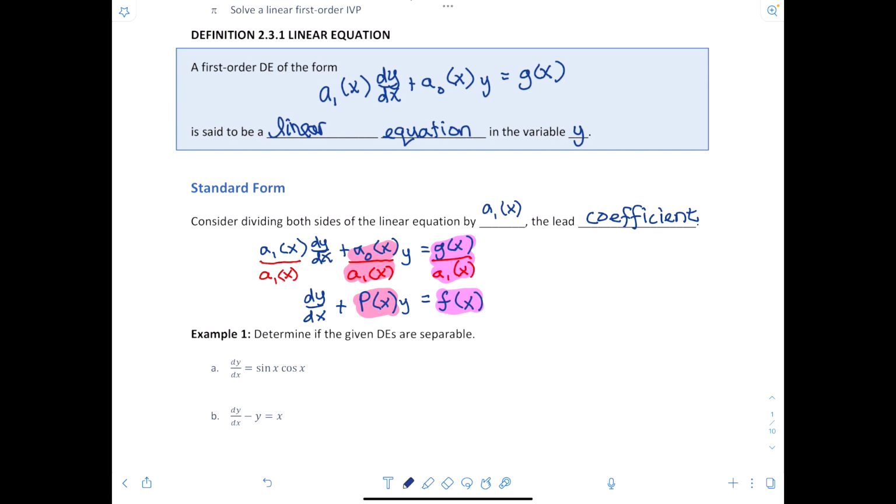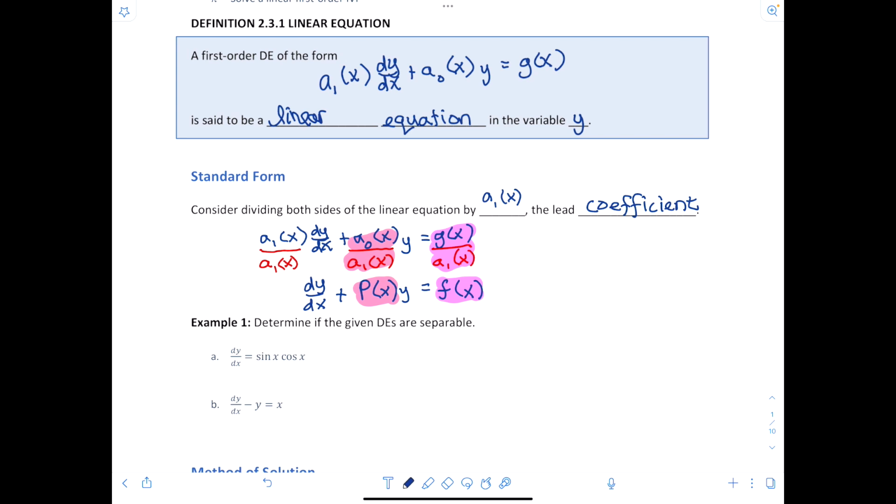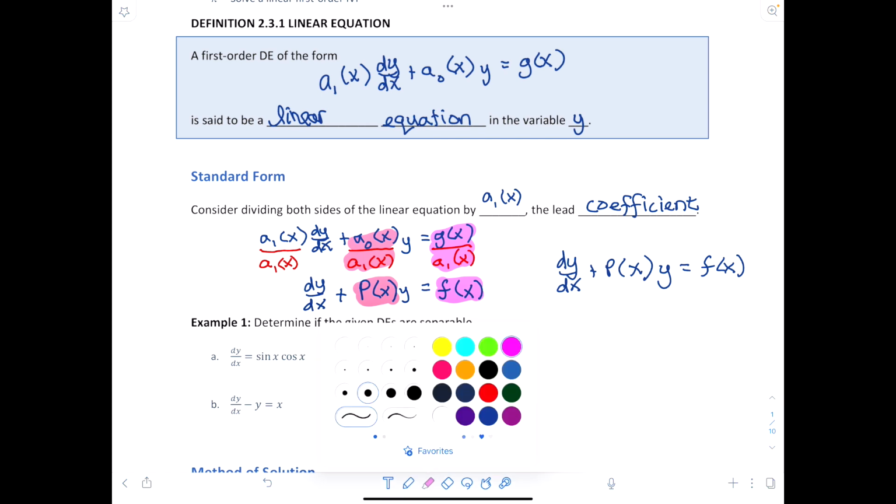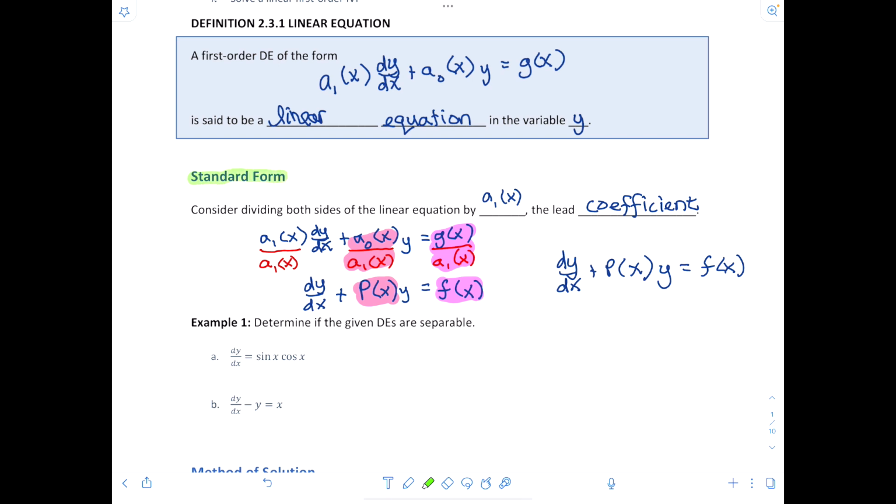All right, so at the end of the day, this here is the equation we'll be working with. So I'll rewrite it: dy/dx plus p of x times y equals f of x. Groovy? All right, so standard form is this guy here.